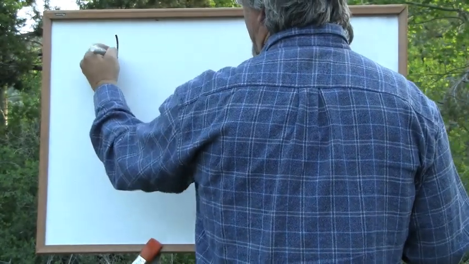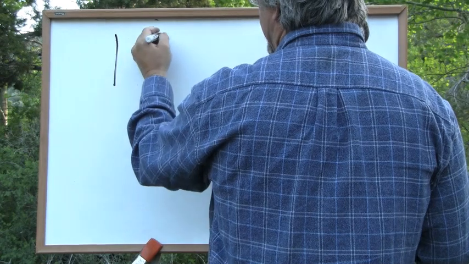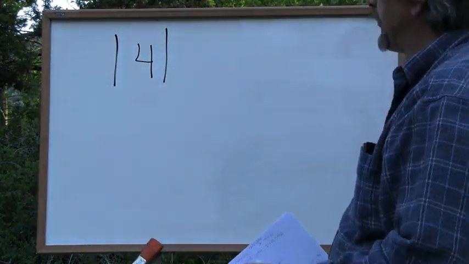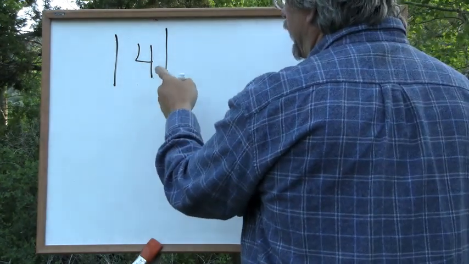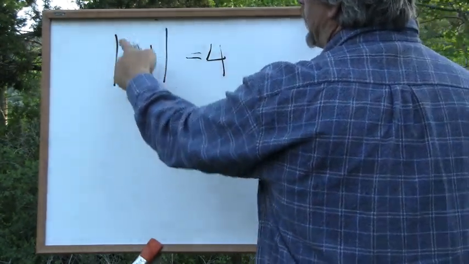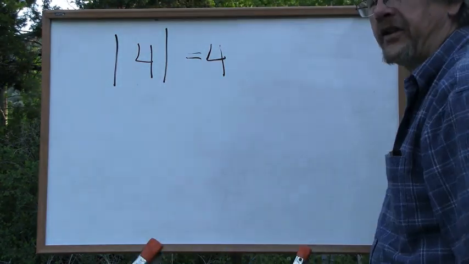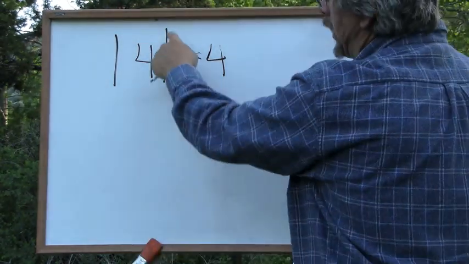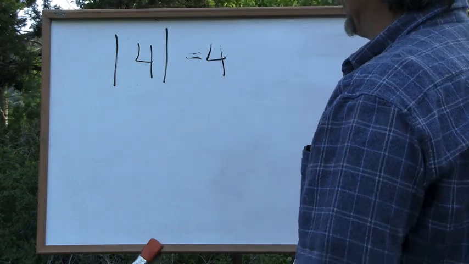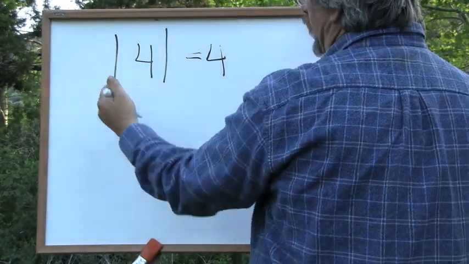Now, absolute value is easy. There's very little that is easier than absolute value. The absolute value of 4 is just 4. The absolute value signs are lines to either side of the number. Try to make them a little bit bigger so that they don't look like ones, because those are not ones. Those are simply absolute value bars.